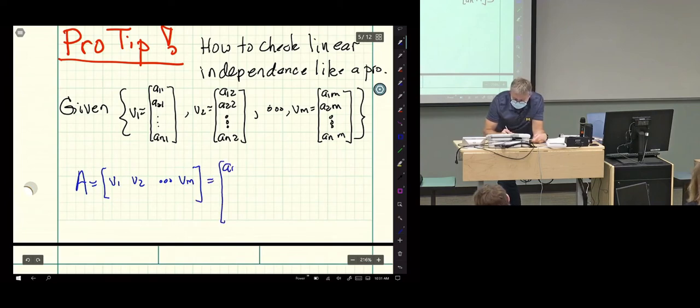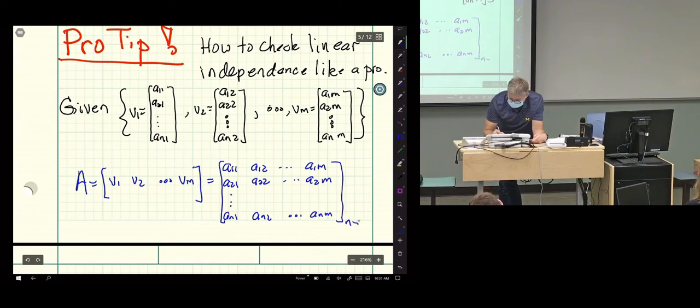And now I'm happier writing my matrices by rows, dot, dot, dot, An1, An2, dot, dot, dot, Anm. N by M. These are vectors in Rn. They have n components, and we have m of them. So n rows, m columns. Okay, that's it.